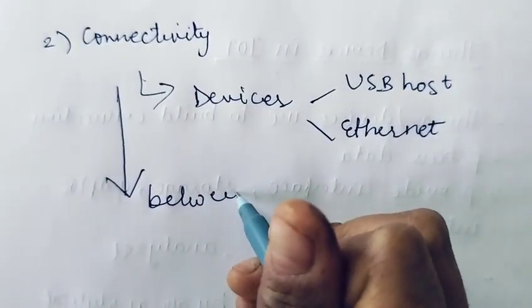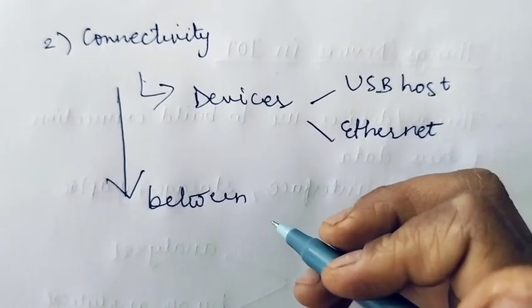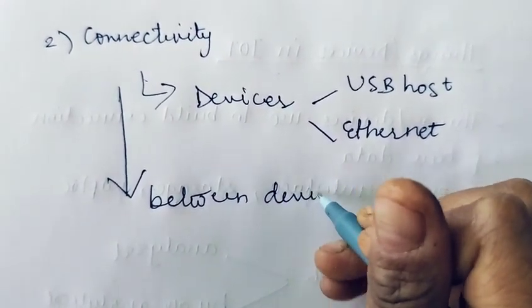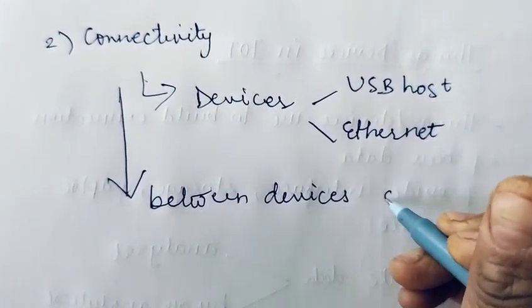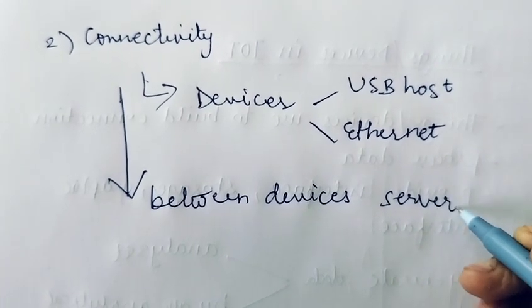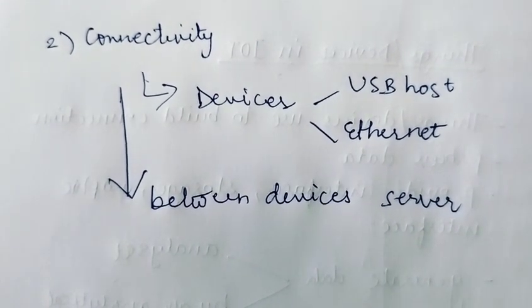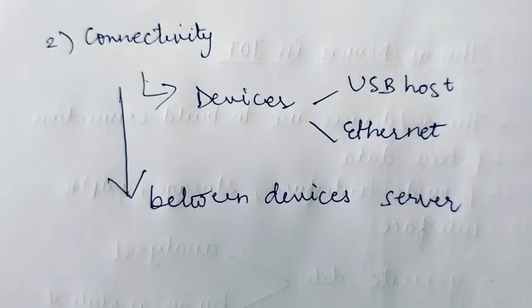Connectivity between the devices and the server. So of course you have devices, but devices alone would not work. Just like you have a computer at home, but unless you have an internet connection, you won't be able to access the information. Similarly, just having the devices won't work. You need to have connectivity between the devices and the various components.